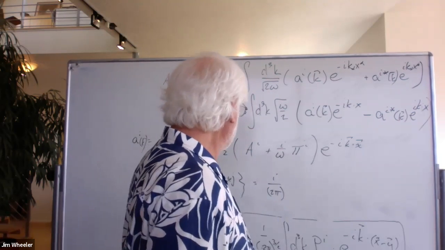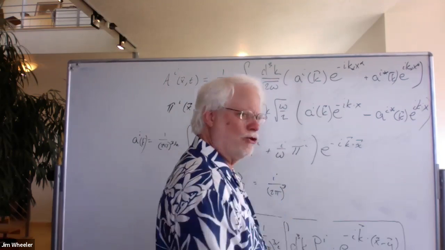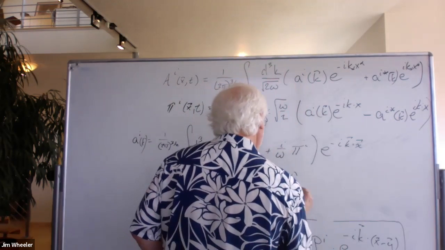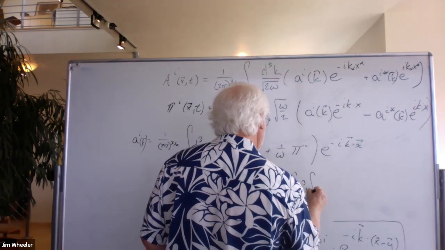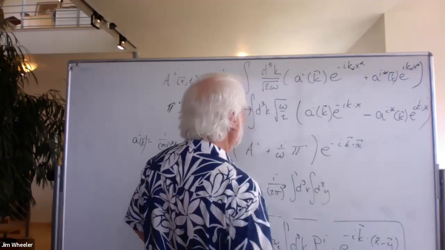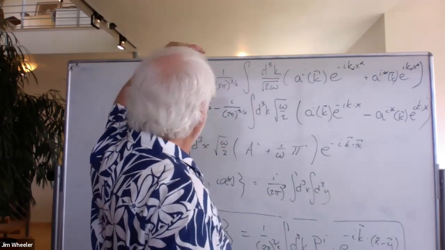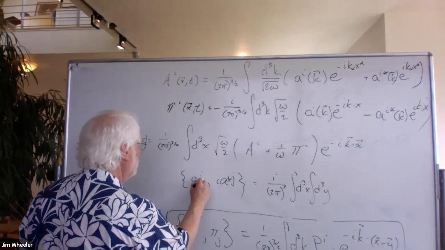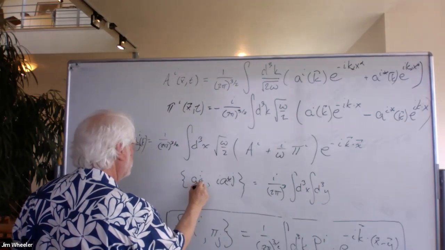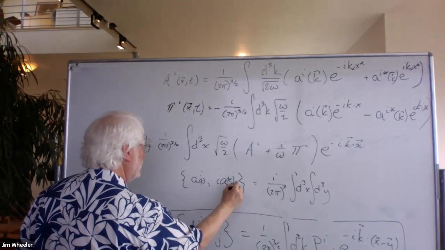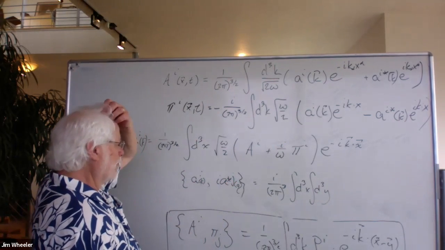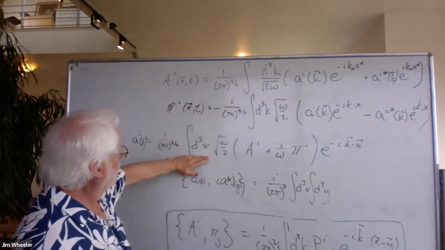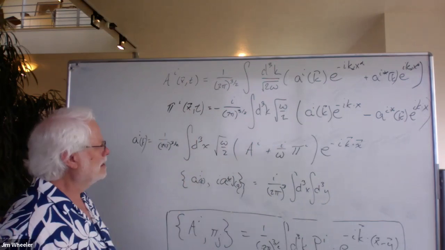But let's see, I'm taking 2 of these, so I'm betting I get a 2 pi cubed here. And then d3x, d3y. Okay, because if I write a of x, let's call this one k. This one's going to be q. But they're written as a Fourier series in x.